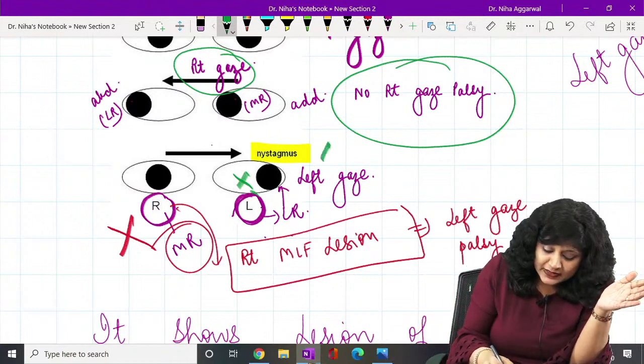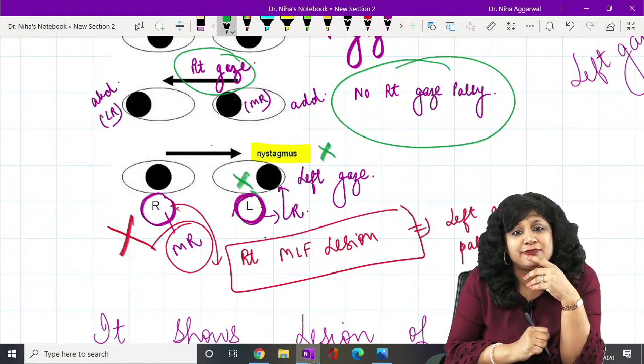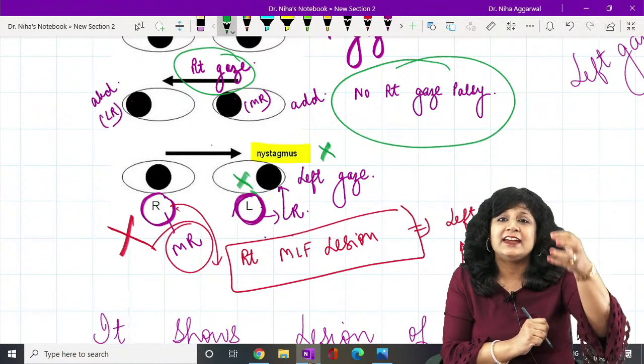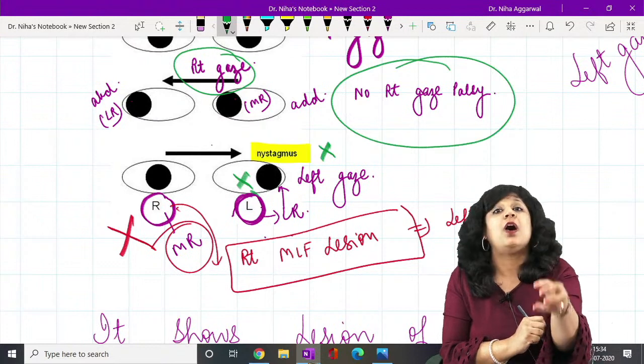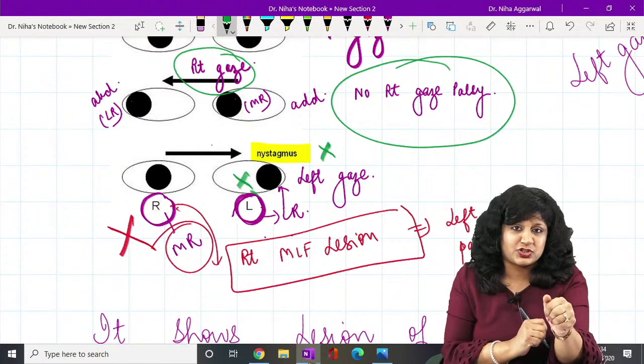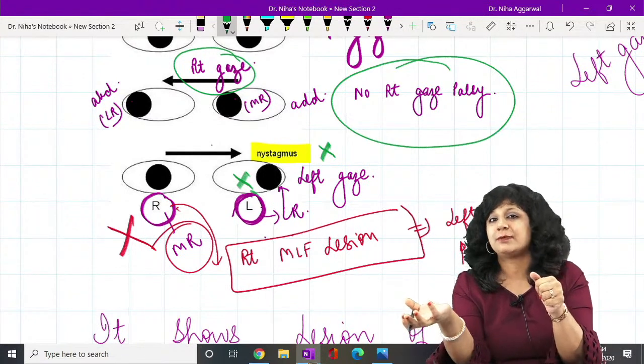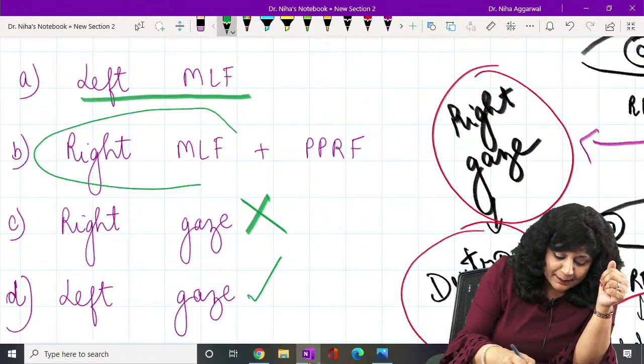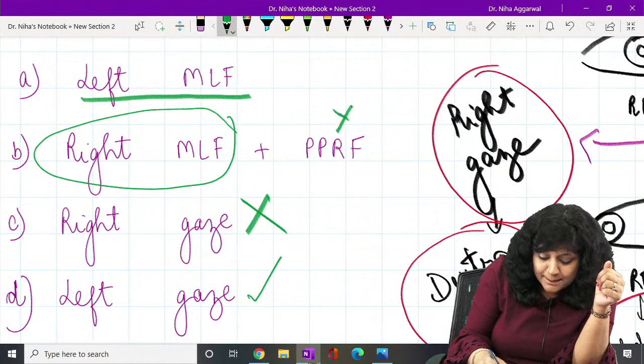That means there is no medial longitudinal fasciculus lesion in the left eye. Where you have the MLF lesion in the right eye, on the side where the MLF is affected I have an adduction deficit, and on the other side I will have the abduction nystagmus. So that means I am having the right eye MLF lesion, but there is no PPRF lesion.